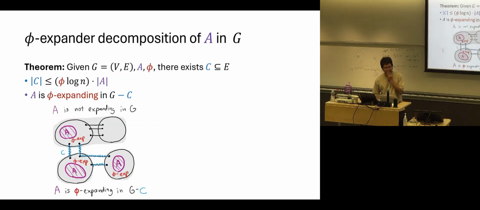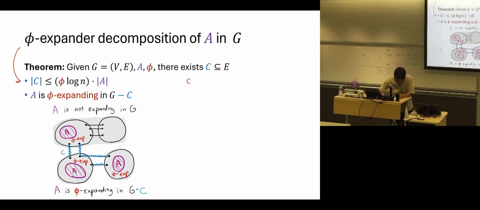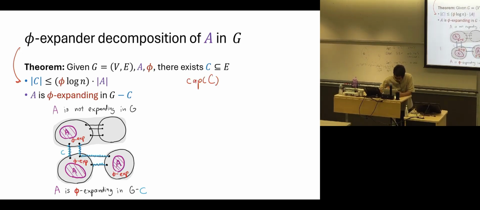So in a capacitated graph, what we prove is just this: the capacity of C is going to be at most 5 log n times the size of A, instead of the number of edges in C.